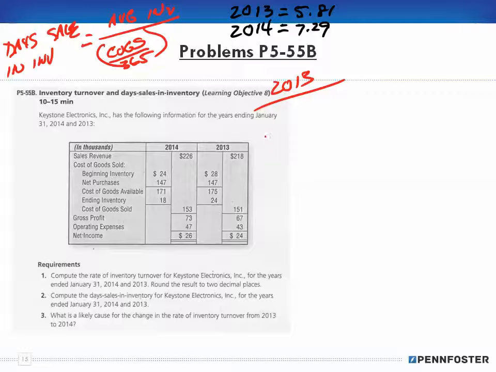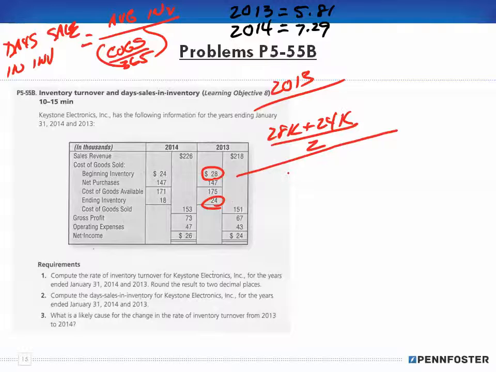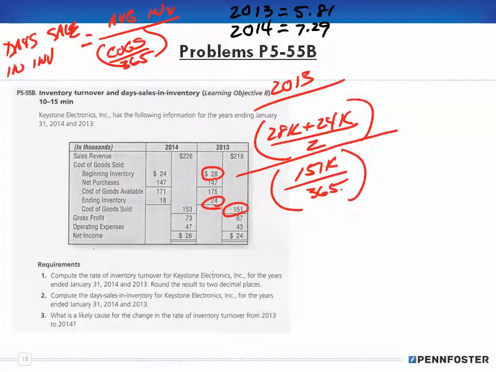So for 2013, we have to get our average inventory, which is the 28,000 plus the 24,000, and that's all divided by 2. And of course, this all goes over the cost of goods sold, which is 151,000, and that's divided by 365. So you have a calculation you have to do in the numerator, and a calculation in the denominator before you can actually figure out the days sales. So again, 28,000 plus 24 is 52 divided by 2.